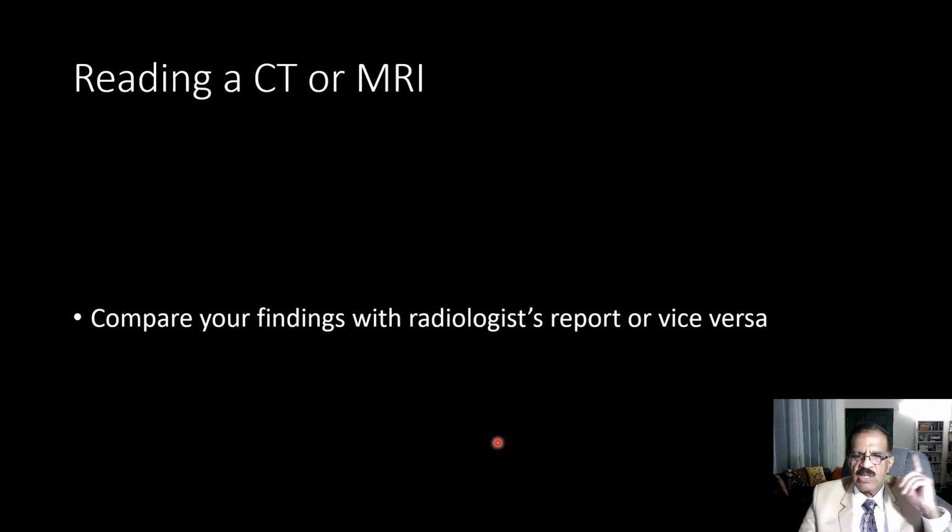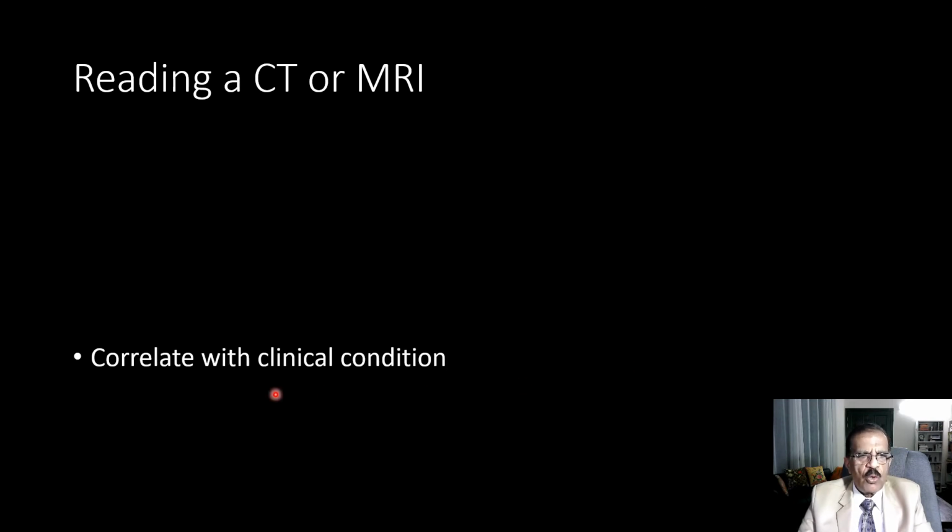I think this is how you learn. First, try to make your own diagnosis and then confirm it with the radiologist report, which is the standard one, and compare your opinion with the radiologist's. Correlate with the clinical condition. This is important in any investigation, but particularly true for imaging and CT scan.